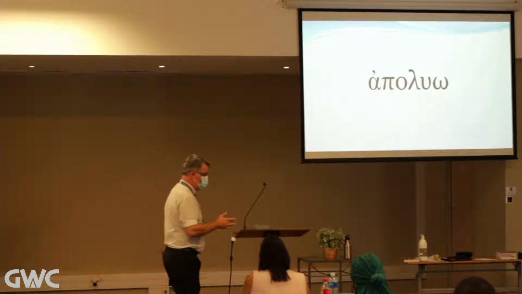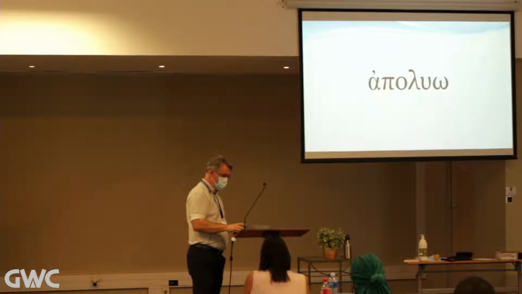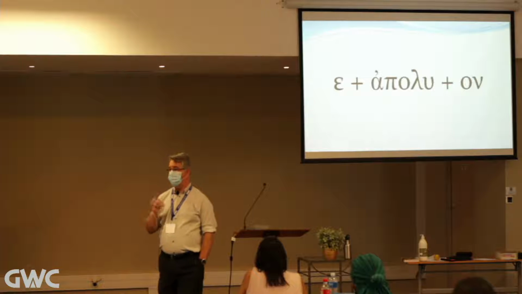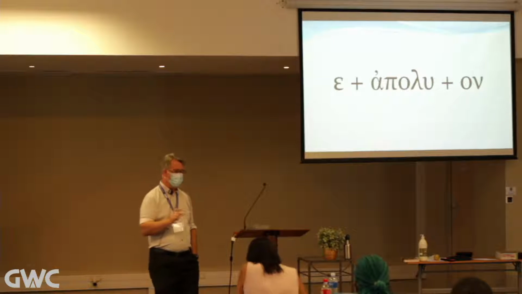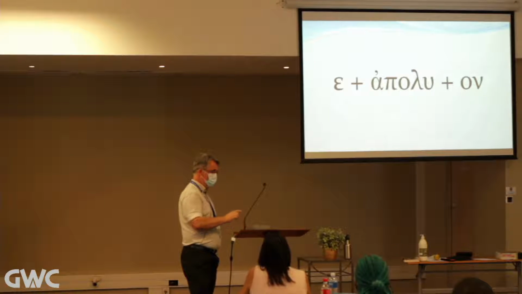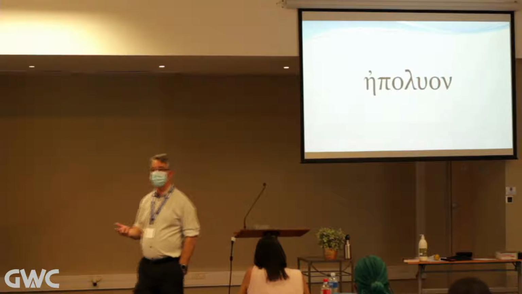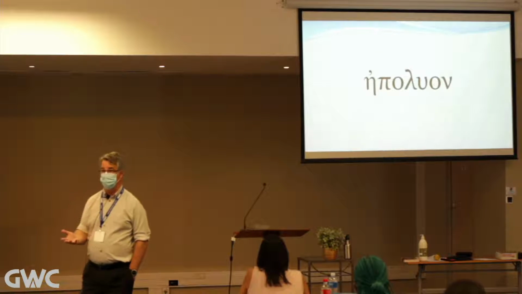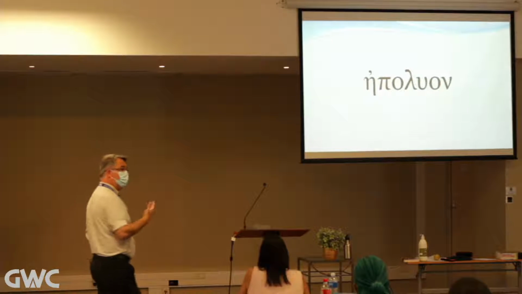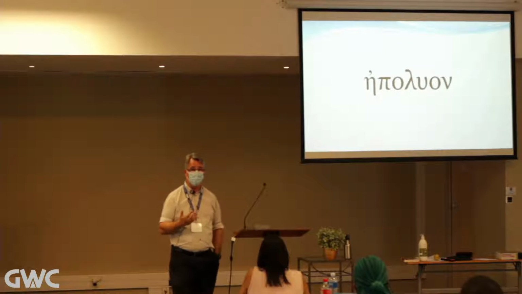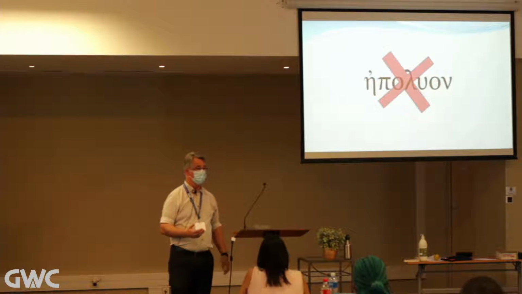So you'd think apaluo in the imperfect would be: add the augment, change the ending, which gives me, what were our rules before? Epaluon or something like that, right? That's what you would think right now, and you'd be right to think that right now. I'd understand you thinking like that, but it'd be wrong.